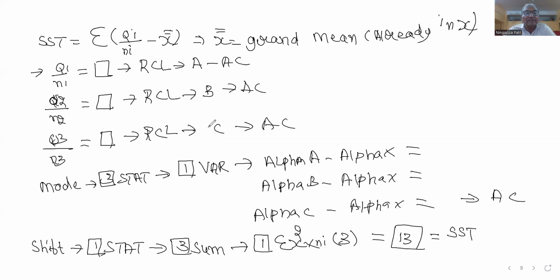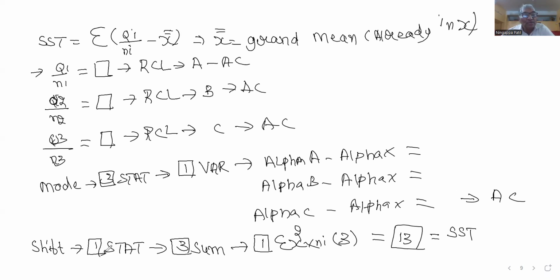Store this value in letter C. Now afterwards, the mode button you press 3 stat 1 variable. Now look here. This Qi upon Ni stored in letters A, B, C, and x bar means x. Look here, alpha A minus alpha x equal to button, alpha B minus alpha x equal to button, alpha C minus alpha x equal to button, AC button.